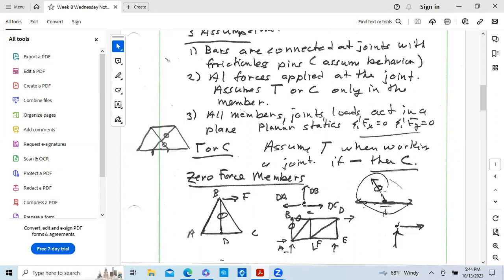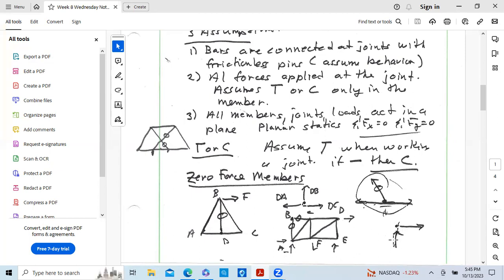Let me show you this one. Here's a rectangular truss, two diagonals. I have a force out here at D. This is A, this is B. I'm going to look at pin B. Force here, another force, put them both as tension, doesn't matter.